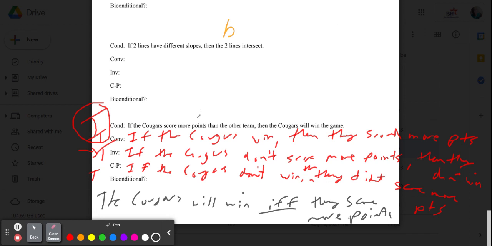We could write that because the conditional and the converse are both true. When they are both true, it basically means they are one and the same. Scoring more points than the other team and winning are really the same thing, which allows us to write a biconditional for that.